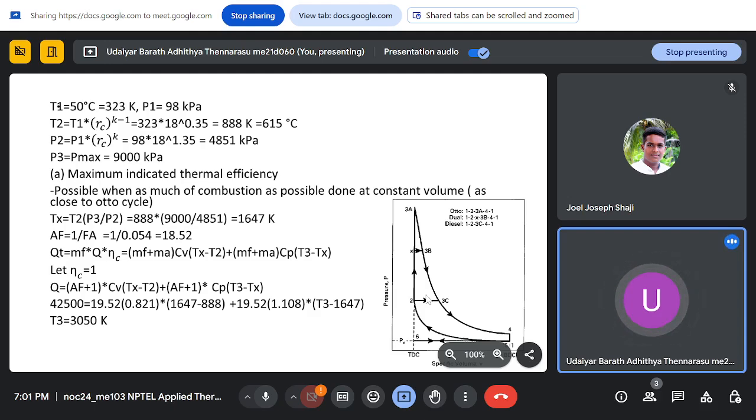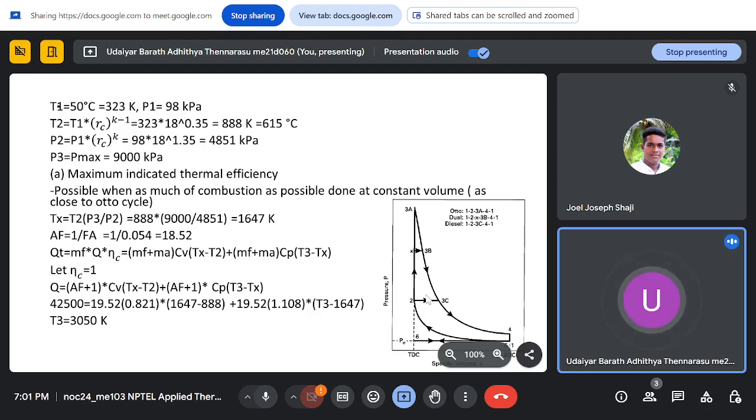What we saw in the previous comparison was that with both compression ratio constant and maximum pressure limited, the diesel cycle gives maximum efficiency, and when you have a constant compression ratio, then the Otto cycle gives you maximum efficiency.